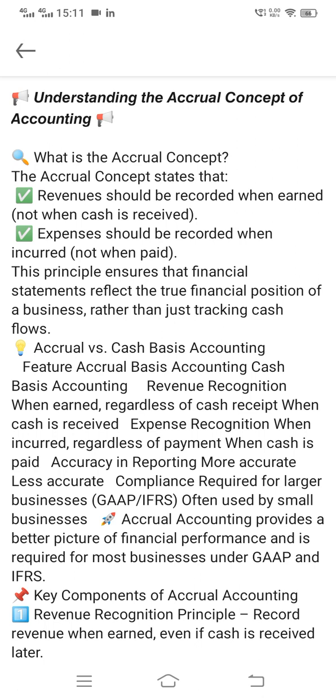In simple words, if you earn revenue today and receive the cash later, we still have to record the revenue today because we have earned it today only. And if we have incurred any expense but we are going to pay it tomorrow or next month or next year, that should not be our concern.